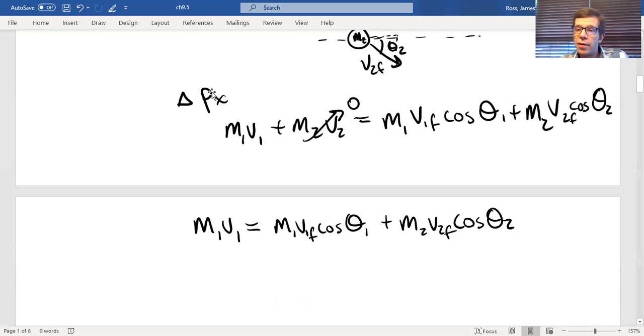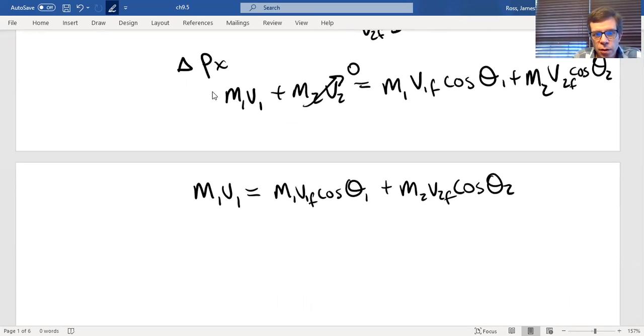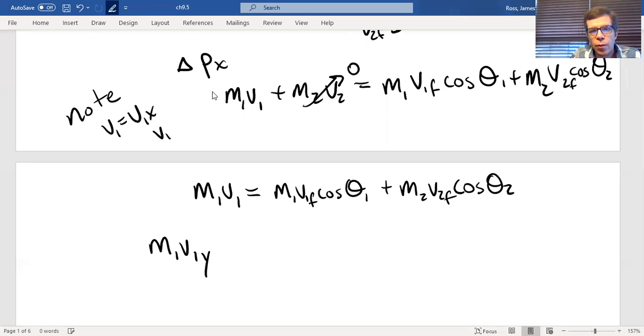All right, what do we have in the y direction? So in the y direction, well, we have M1 V1 Y. This should have been a V1 X, really. V1 is just V1 X. So we'll write that on the side. Note, V1 is equal to V1 X, and V1 Y is 0.